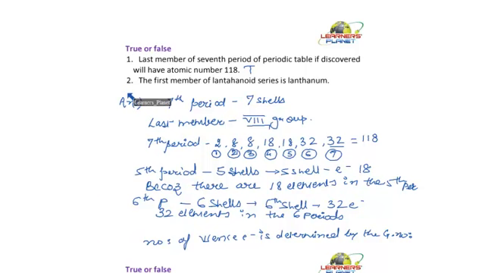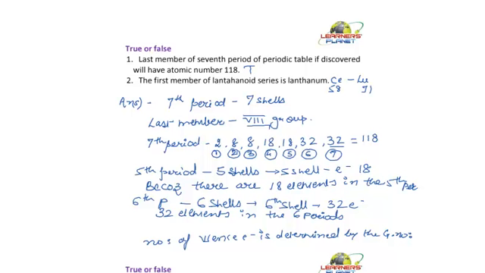Now let's move to our next question: the first member of the lanthanoid series is lanthanum. Is it? No. What are lanthanides? From where do they start? Lanthanides start after lanthanum. After lanthanum, there are 14 elements, cerium to lutetium, with atomic numbers 58 to 71.